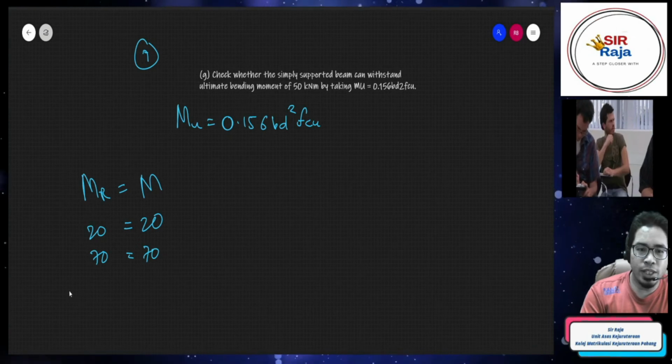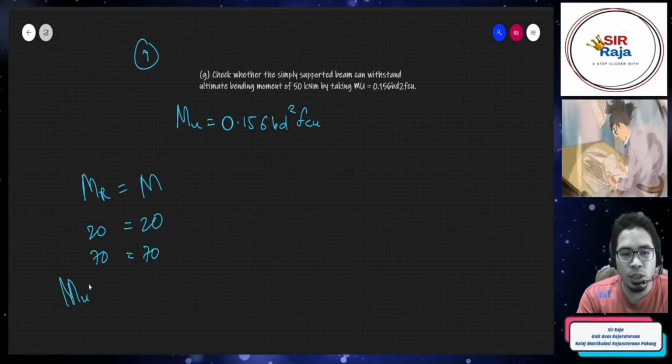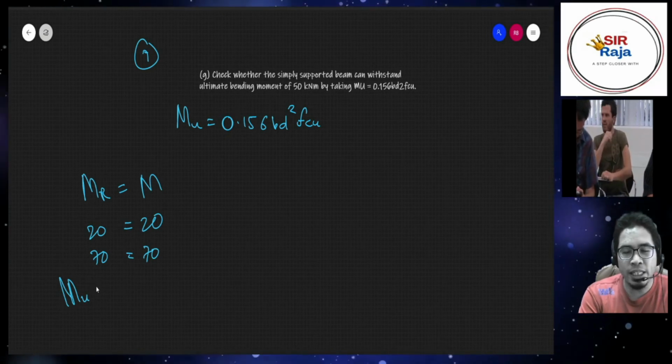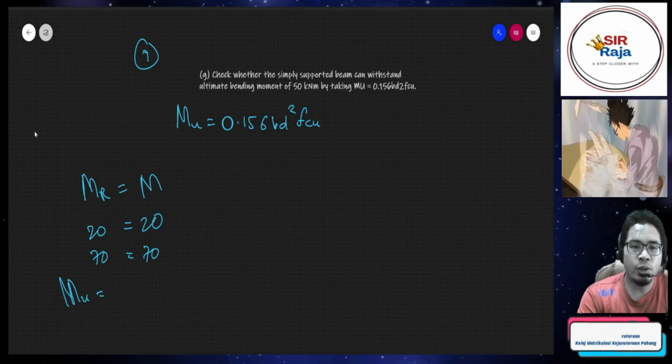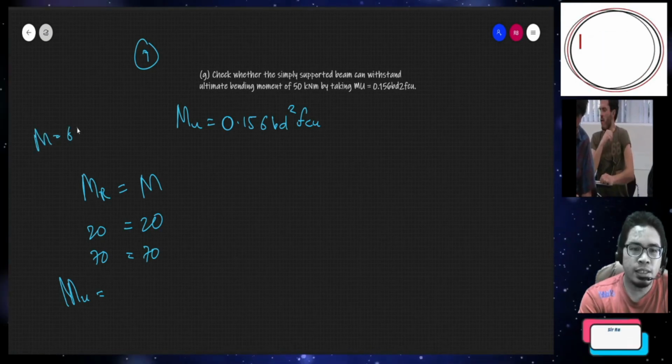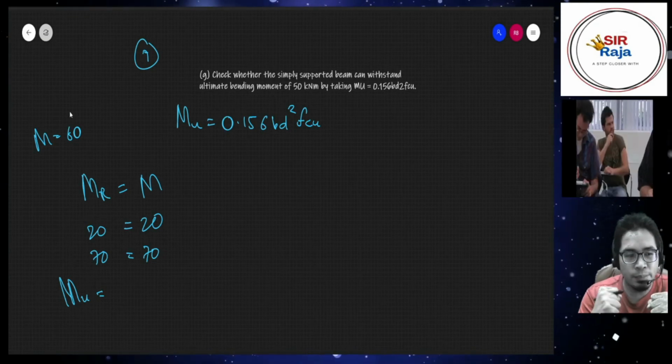But what is MU? MU is the actual number of how many you can really withstand. Let's say your M is 60 punch.